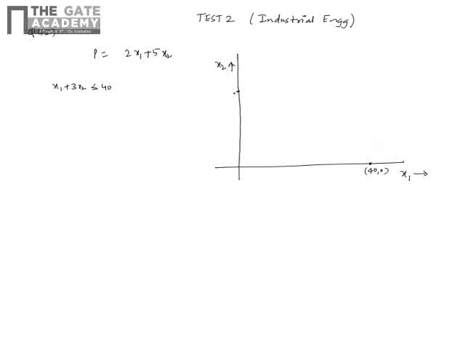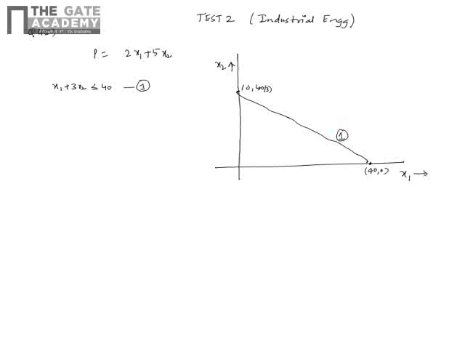So these 2 points are joined by the line. This is (0, 40 by 3). So this is constraint number 1.